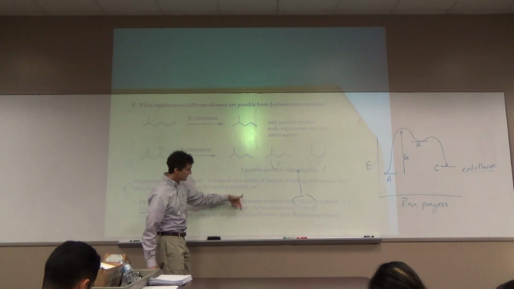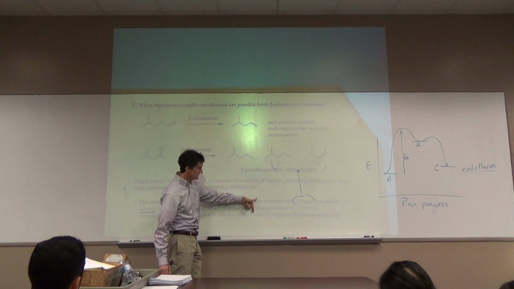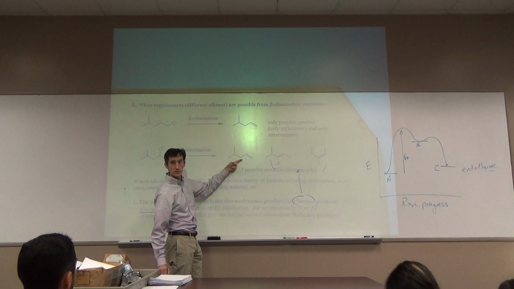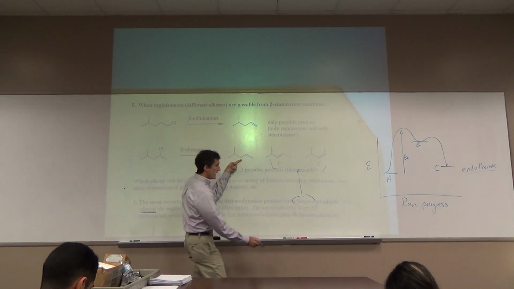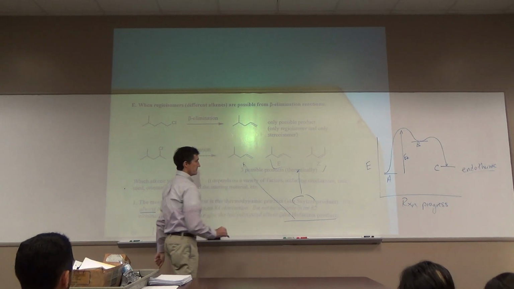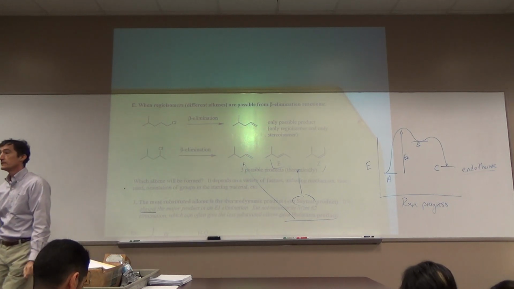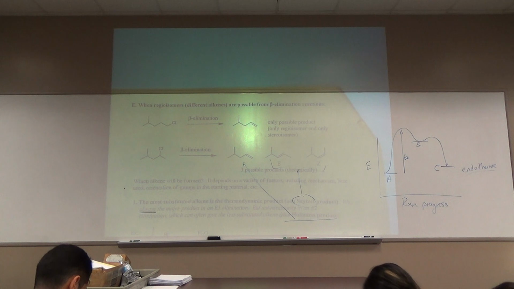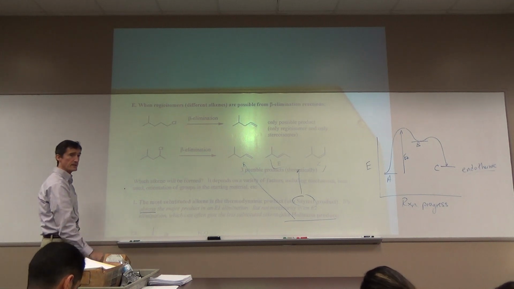E2 can often give the less substituted alkene. This would be the less substituted alkene. It's called the Hoffman product. Less substituted is called the Hoffman product in the context of elimination.